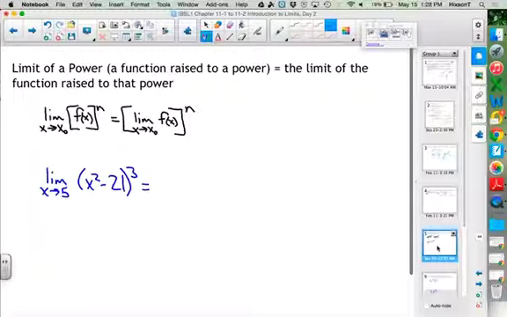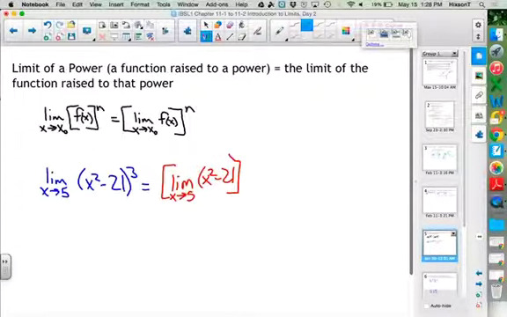So here, this is cubed. We have x squared minus 21 cubed. I can rewrite that as the limit as x approaches 5 of x squared minus 21. And then after I find that whole limit, I can cube it.